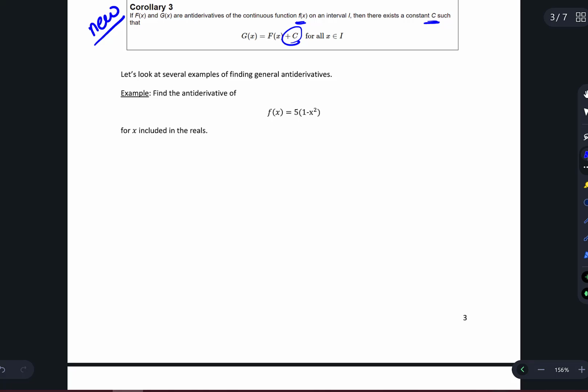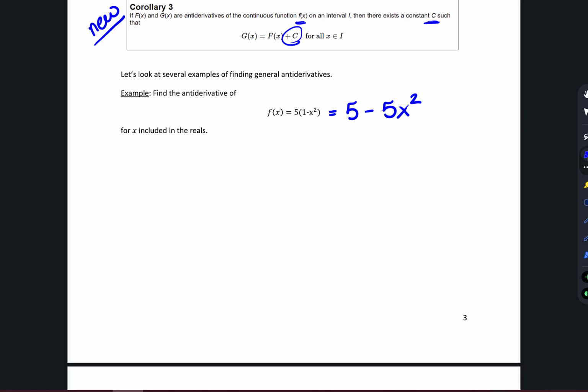So let's look at several examples of, again, finding antiderivatives, and we're going to talk through that process of working backwards. So here we have f of x is equal to 5 times (1 minus x squared). To make this one easier for me, I am going to go ahead and multiply through by the 5.